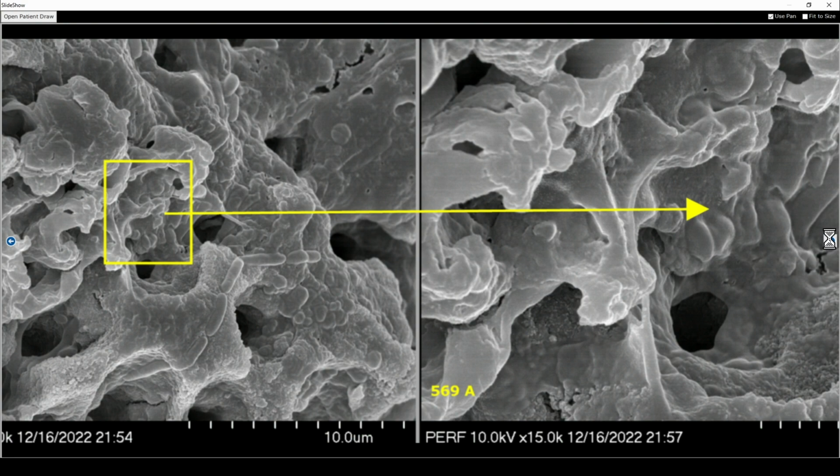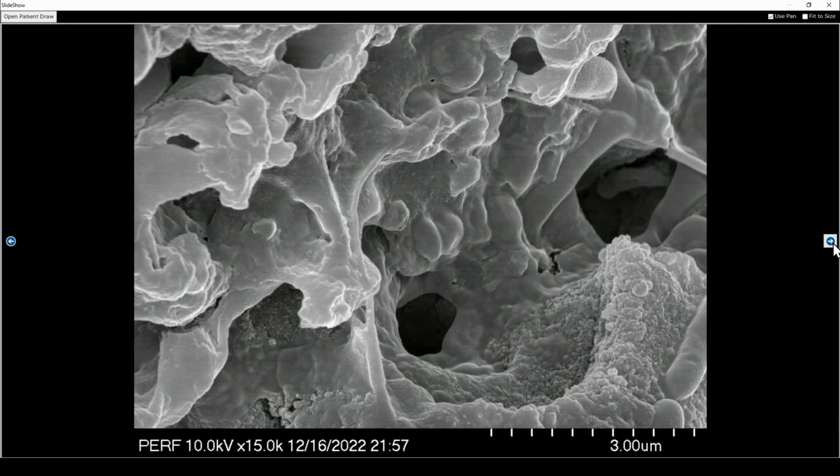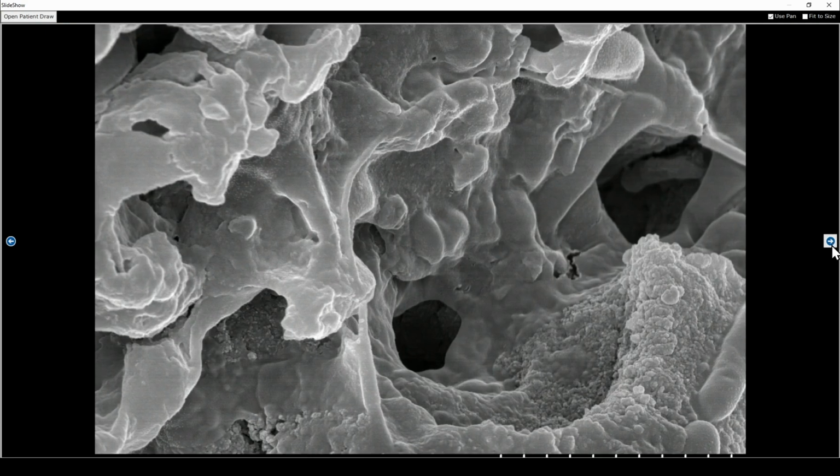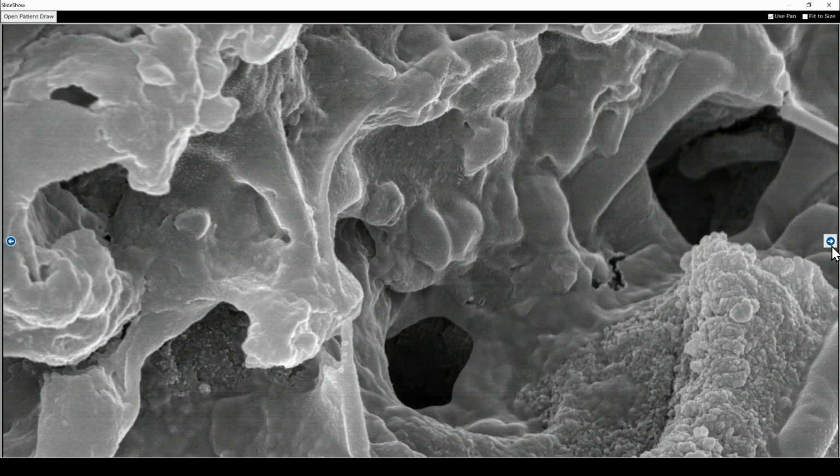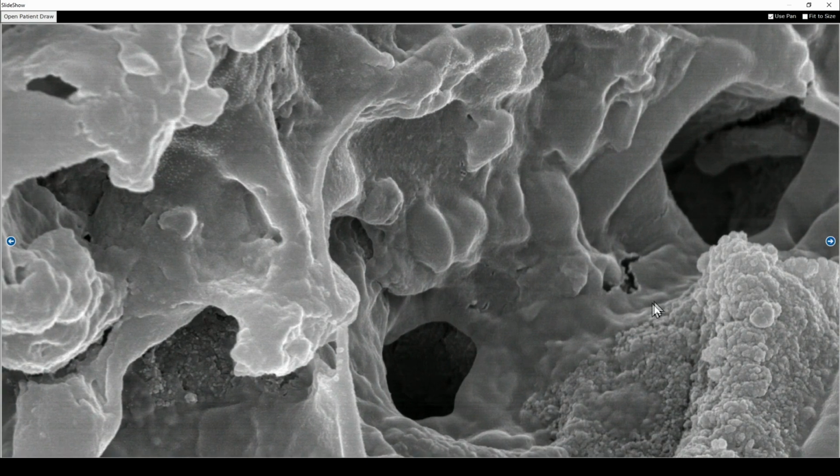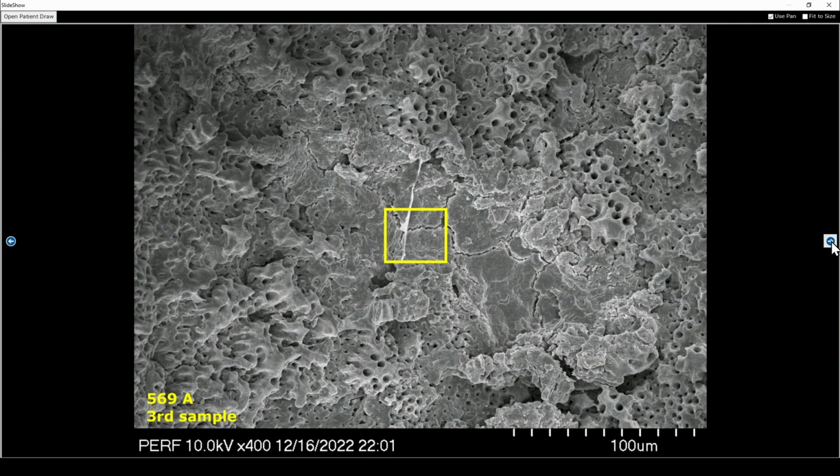So these are various different views of those samples that I made from cut teeth that are filled with biofilm, but it's not immediately obvious that it's biofilm. You have to look for it. You have to search for it. You can see what the EPS looks like.